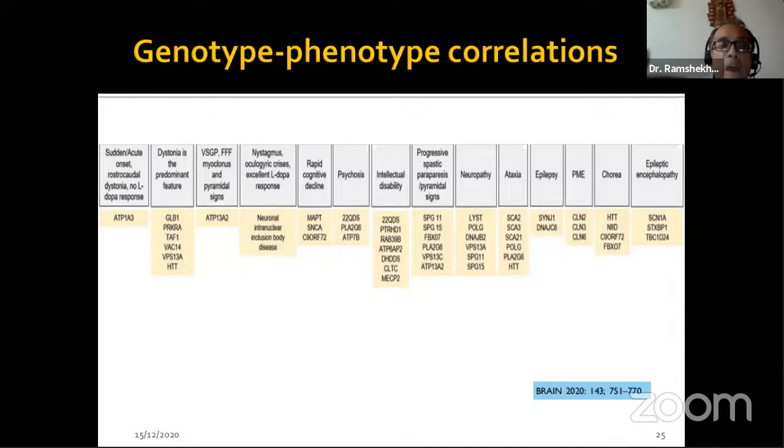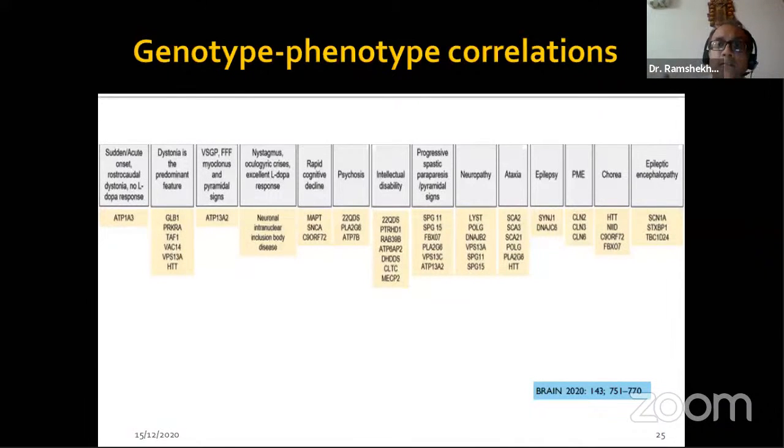So, for example, if you have a patient with, let us say, a subacute onset of dystonia with supranuclear gaze palsy, in an infant who presents at less than 2 years of age, you would initially think of supplementing levodopa, because this could be a neurotransmitter disorder secondary to, say, sepiapterin reductase deficiency, PTS deficiency, or aromatic acid decarboxylase deficiency, which may be responsive to levodopa or pyridoxine.